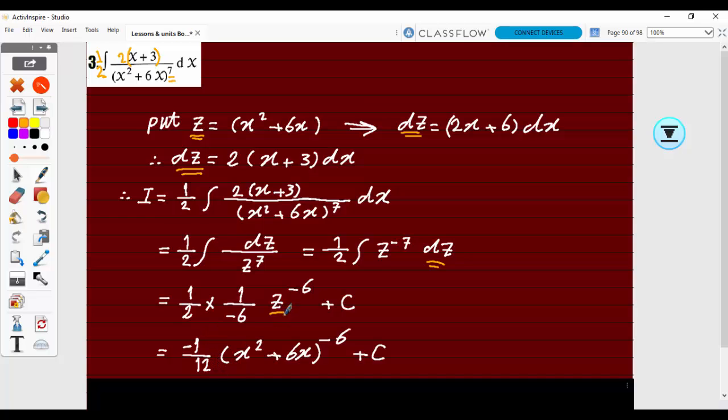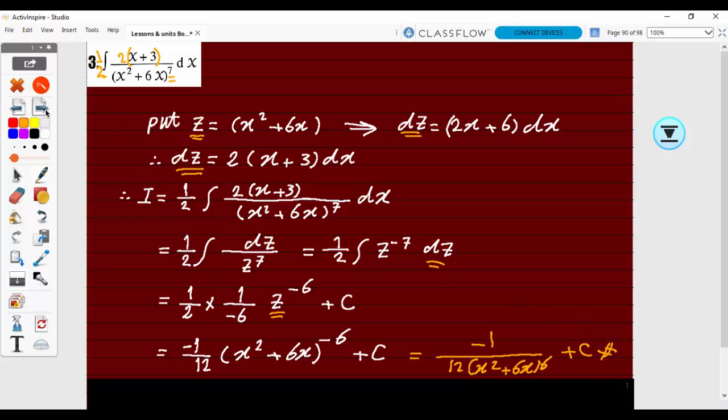Instead of z, z equals x^2 + 6x, so we have negative 1 over 12 times (x^2 + 6x)^(-6) plus c, and this is the final result. You can also write it in the form negative 1 over 12 (x^2 + 6x)^6 in the denominator, plus c.